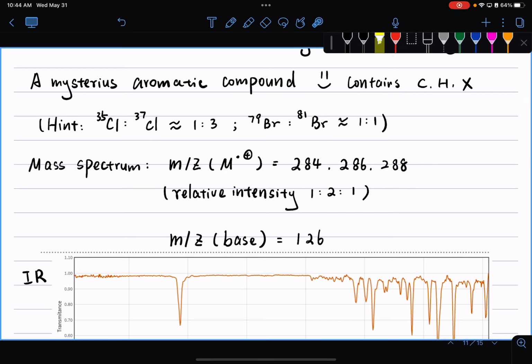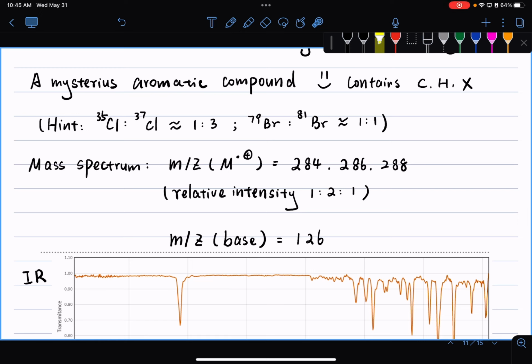For example, in this case, the molecular ion has 3 peaks: 284, 286, and 288. That should be an instant hint to you. It's a molecular ion with 3 peaks, telling me my molecule has stable isotopes contributing to it. Either it's chlorine or bromine, and I'm giving you that information in the hint.